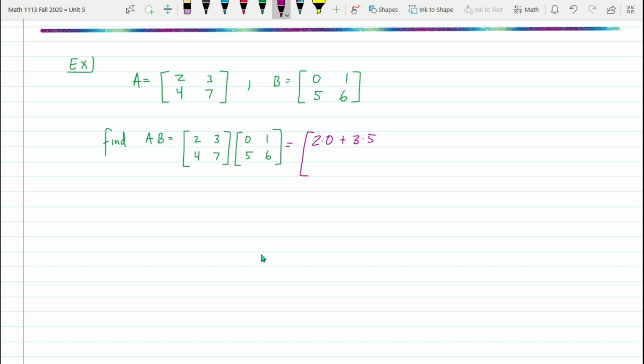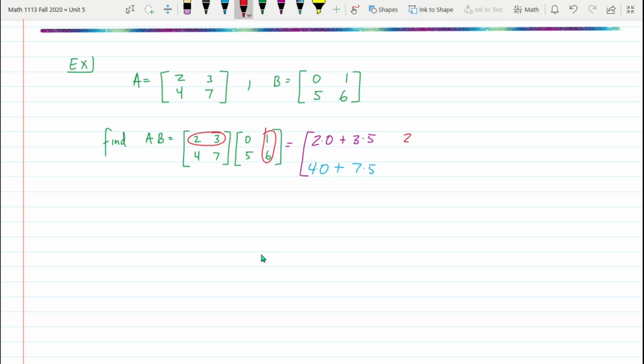Then, I guess we can do it in different colors. We'll do some blue here. This times this for the element right below. So this becomes 4 times 0 plus 7 times 5. Then we'll do the first row times the second column.